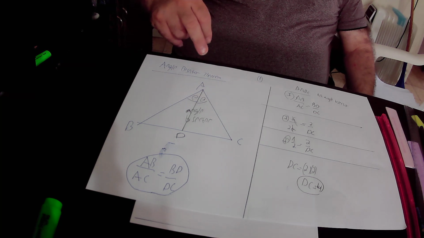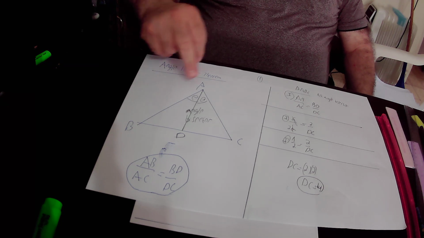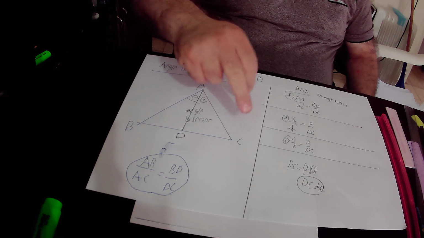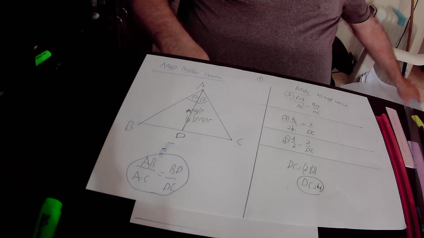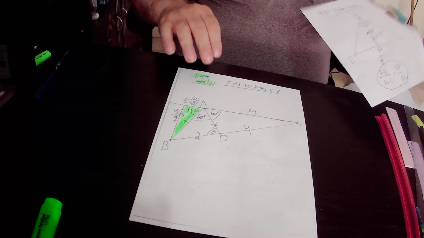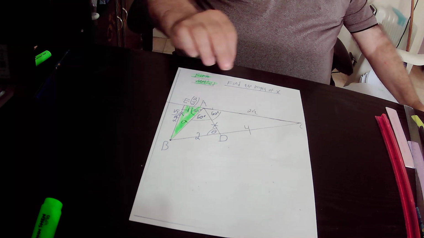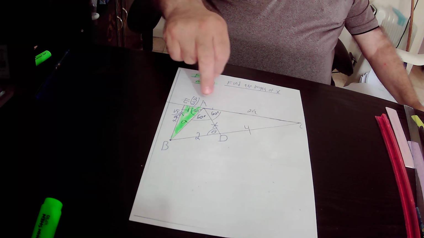So according to the angle bisector theorem, the following equation is true: AB over AC equals BD over DC. We implemented the angle bisector theorem in triangle ABC. Why can we implement it? Because AD is the angle bisector.